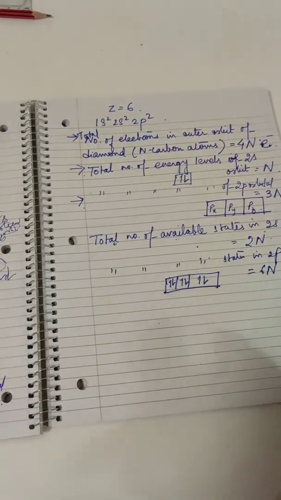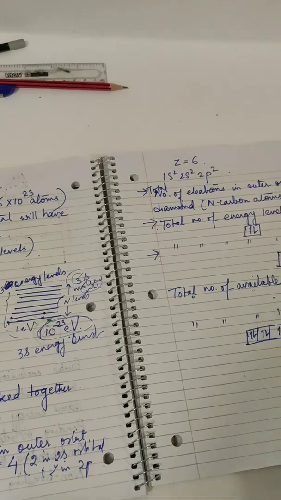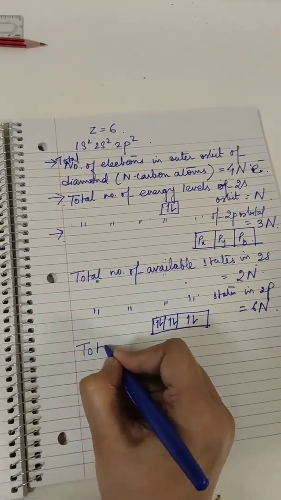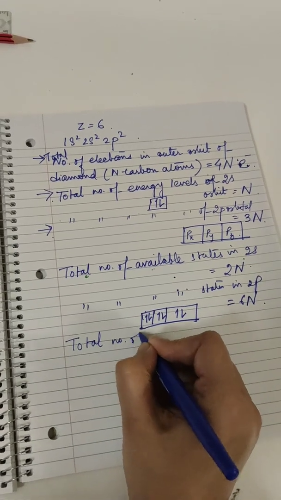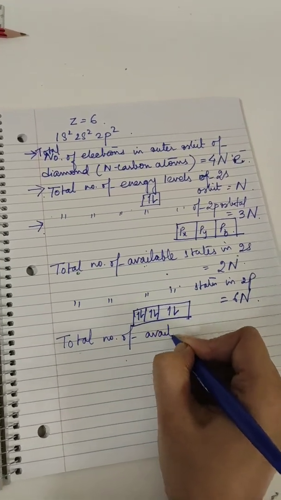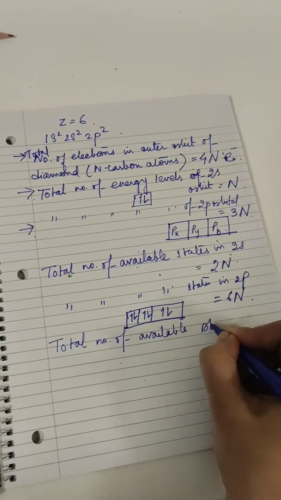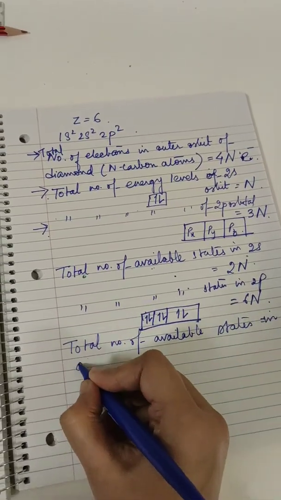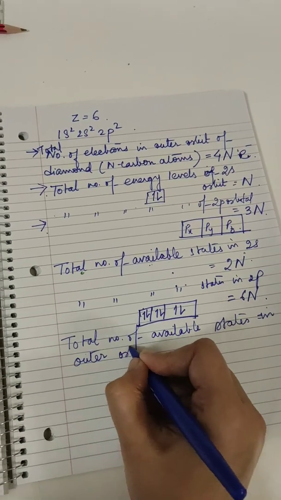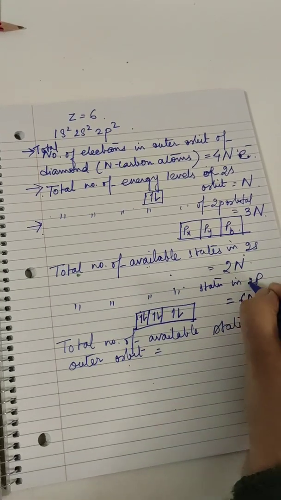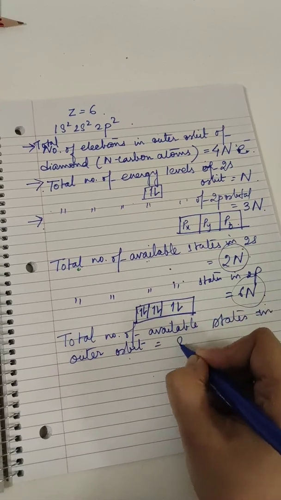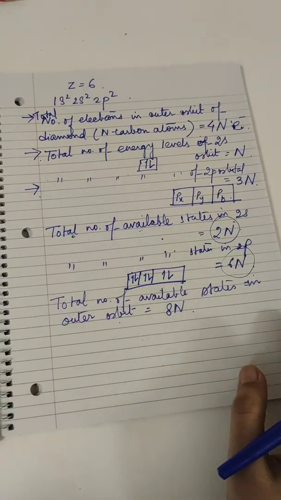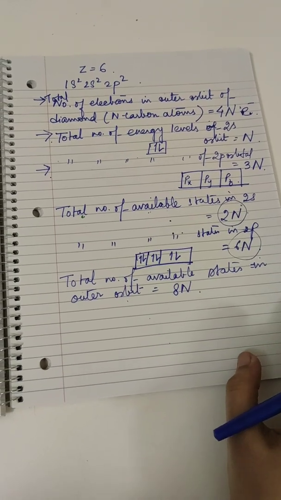So the total number of available states in the outer orbit is 6n plus 2n, that is 8n. 8n is the total number of available states in the outer orbit of diamond.